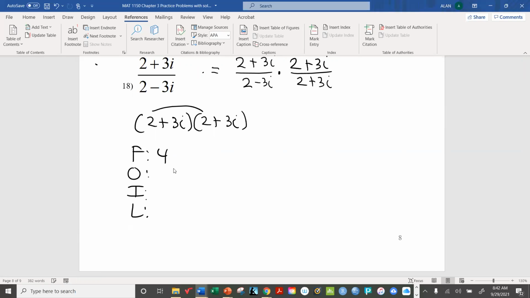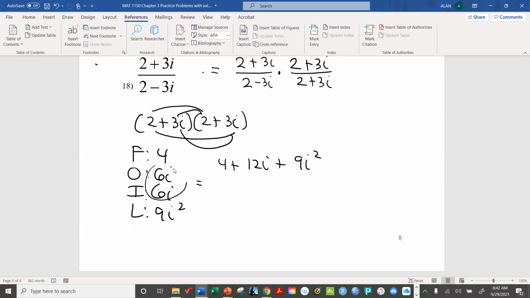All right, F is 4, O is 6i, I is also 6i, and then last is 9i squared. And yeah, I've already combined these two.